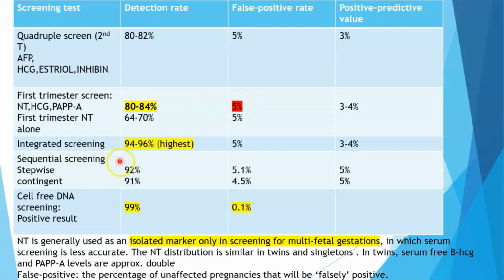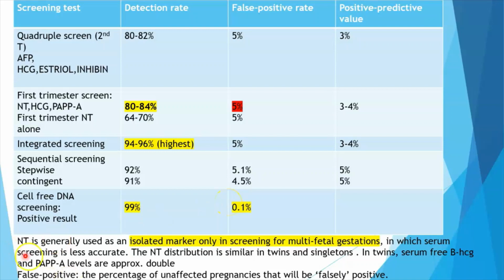But the detection rate for integrated screening, that is combined first and second trimester screening, increases to 94 to 96% with a false positive rate of 5%. The maximum detection rate for Down syndrome is with cell-free DNA screening, that is 99% sensitivity and only 0.1% false positive rate.